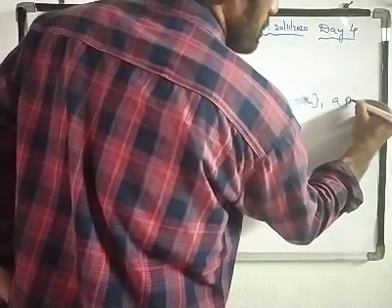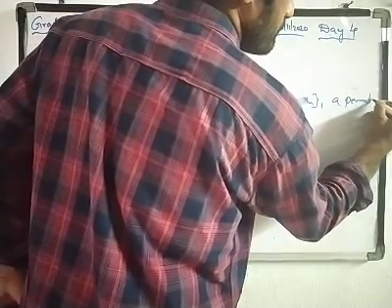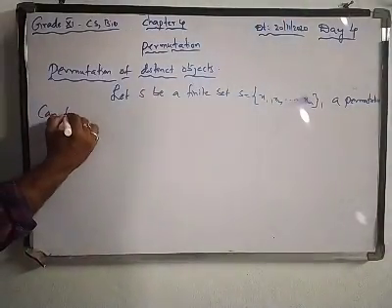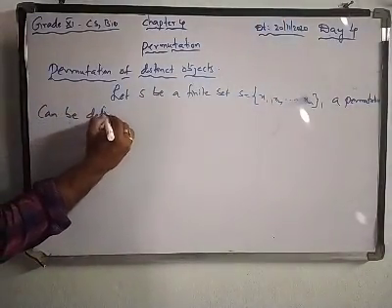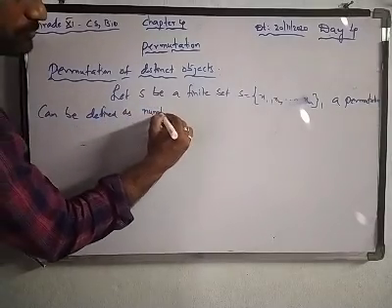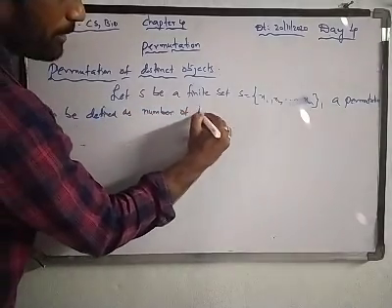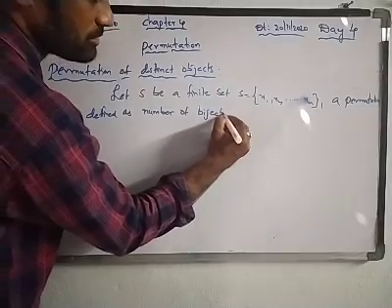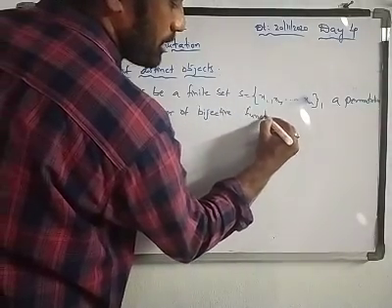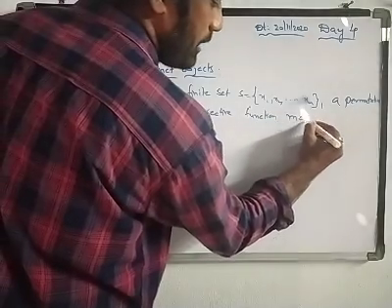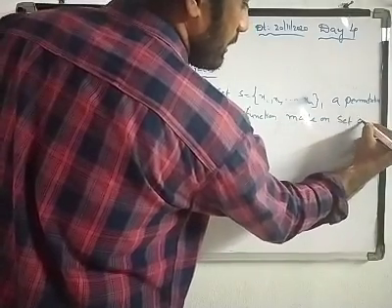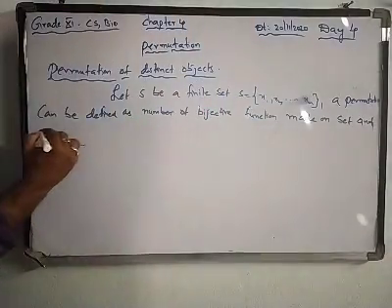A permutation can be defined as a bijective function made on the set to itself.